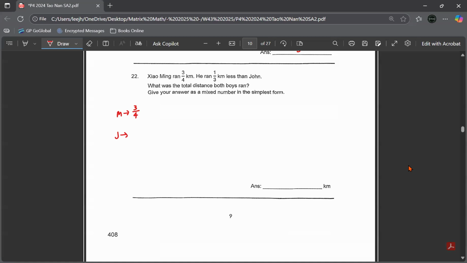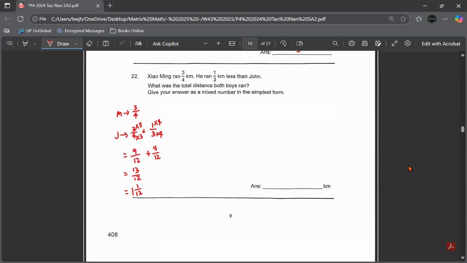So I need to find John. I take 3/4 plus 1/3. Denominator change: times 3, times 4, equals 9 over 12 plus 4 over 12, which is 13 over 12. Improper changed to mixed number is 1 whole 1/12. So John ran 1 and 1/12 kilometer.